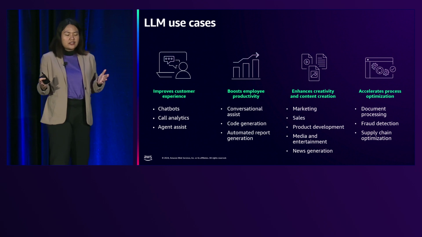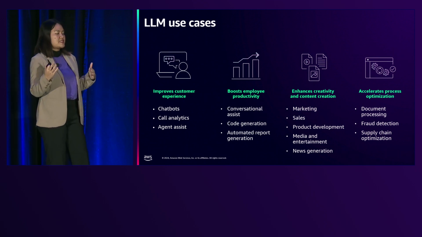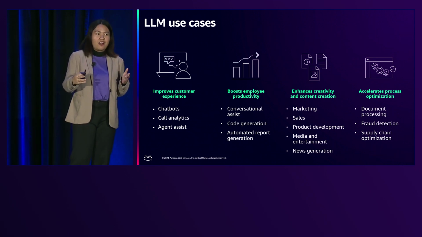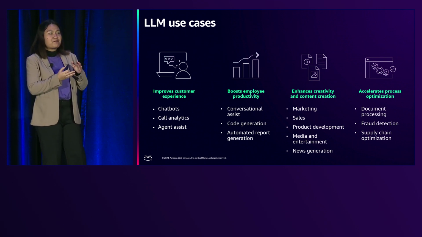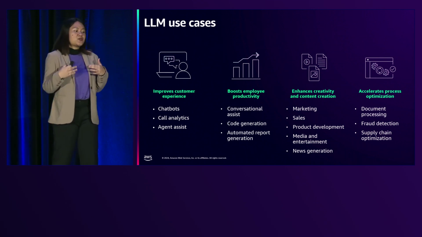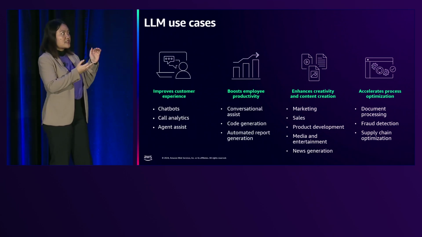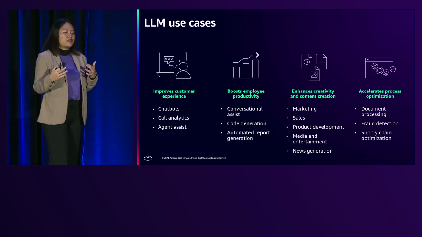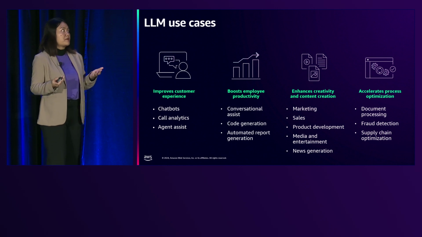And the last one would be to accelerate process optimization. So maybe every time you finish a meeting, you need to generate some meeting text or maybe a report. You can use the large language model to generate those meeting reports or documents to speed up the process for document processing.